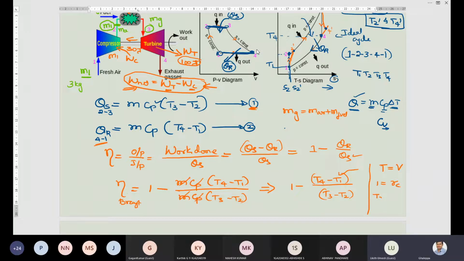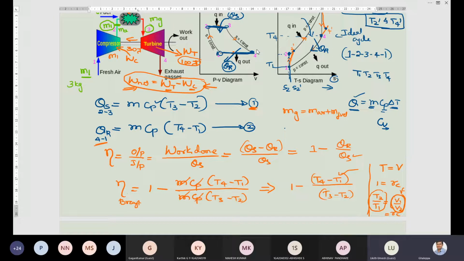If you remember, we wrote T2 by T1 is equal to (V1 by V2) to the power of gamma minus 1. V1 by V2 is compression ratio RC, and its value will be given in the numerical, 15, 16, 20 like that. So in place of T2 by T1, we have substituted RC.